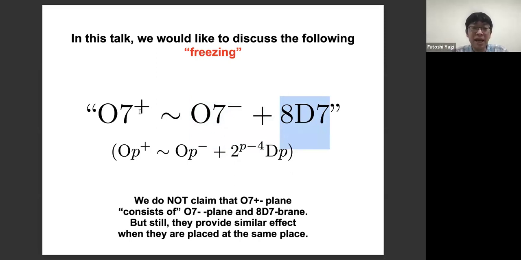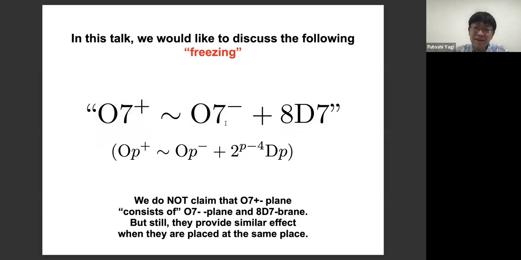And then it behaves similarly to the O7-plus plane. Although O7-plus and O7-minus are different orientifold planes, and they also correspond to different gauge groups, if the D7 branes are located at the same position as O7-minus, these two behave in a similar way. This is the idea which I would like to investigate by using some concrete computation.